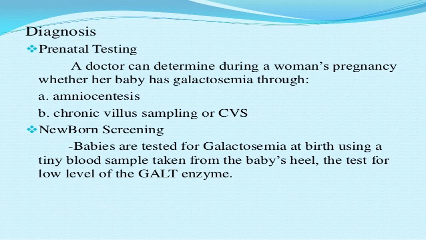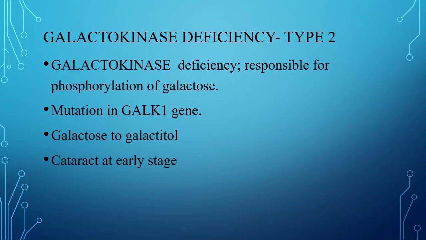Newborn screening can be done by taking a blood sample from the baby's heel and testing for different initial tests included in that newborn screening. If it is a galactosemia case, the baby will have low levels of GALT enzyme in the analysis.